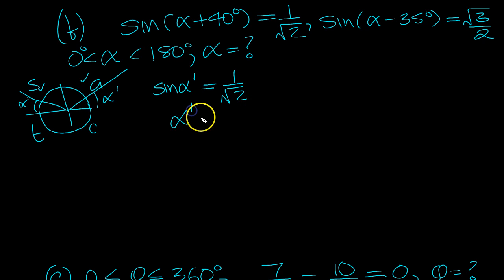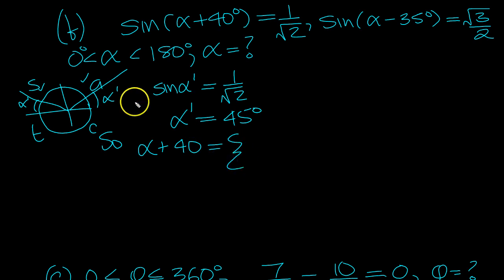So alpha dashed then, the associated acute angle, is 45 degrees, isn't it? So alpha plus 40 is either 45 degrees, or 180 back 45, 135 degrees from this information.